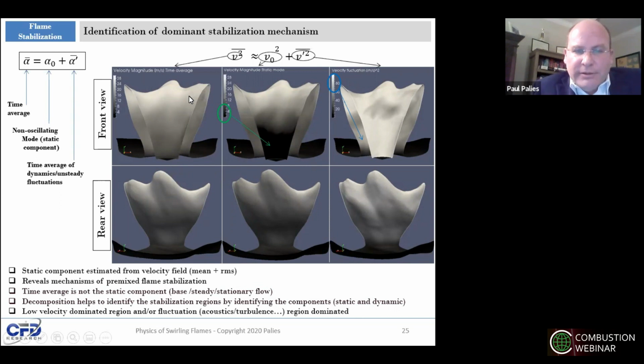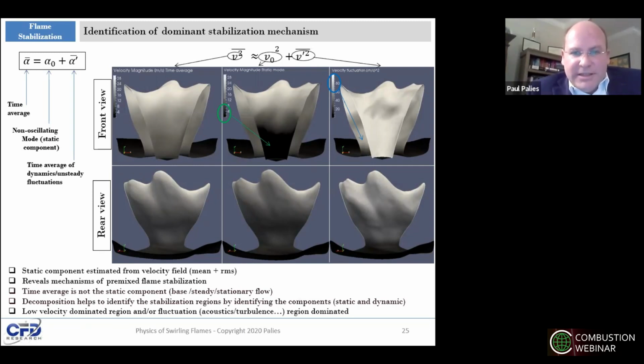It's an iso temperature surface, and you have the velocity magnitude plotted as a time average, the velocity magnitude plotted as a static component, and the velocity fluctuation. And the top equation is an approximation to attempt to extract the static mode. I'm also working on how to extract static component from time series data.